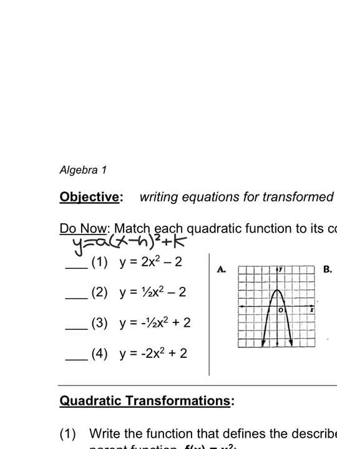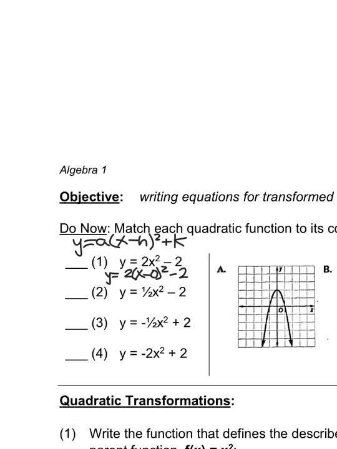All right. So in each case, you have some modified form of this general standard form. General standard form seems like a redundant statement. But anyway, for example, in number one, I could rewrite this as y equals 2 times x minus 0 squared minus 2.